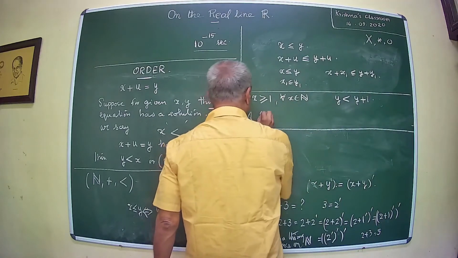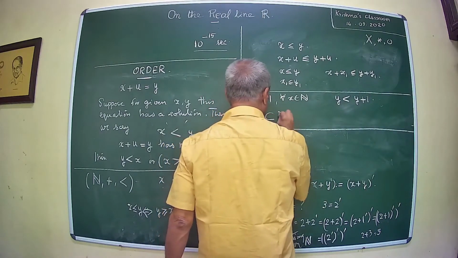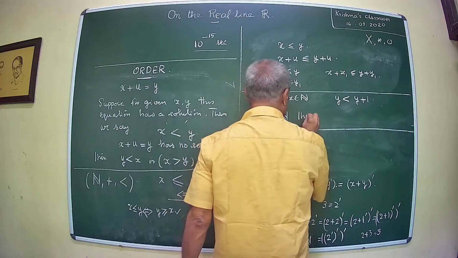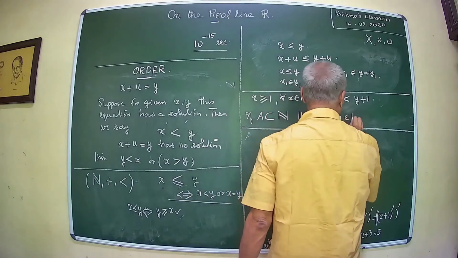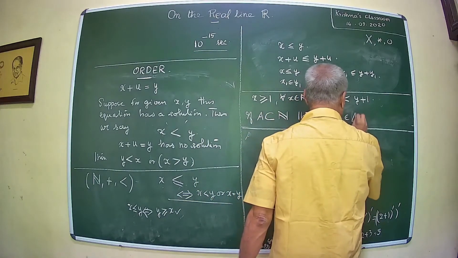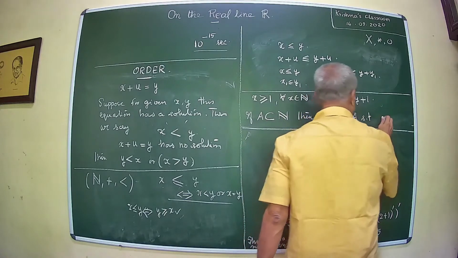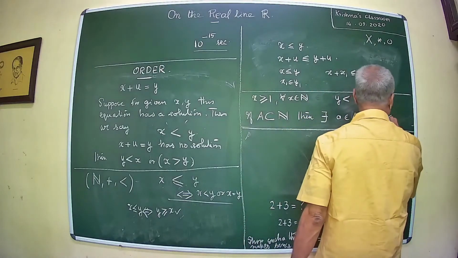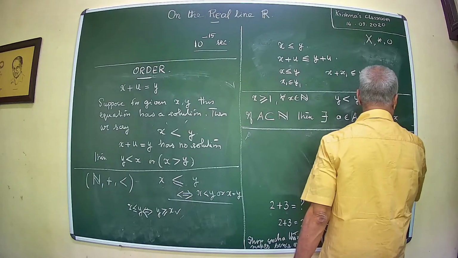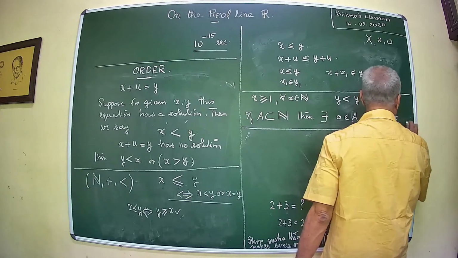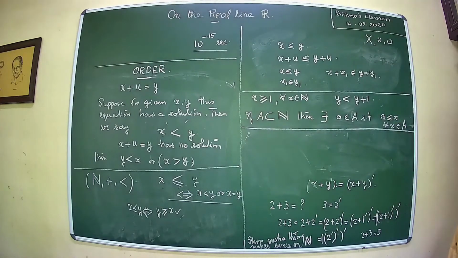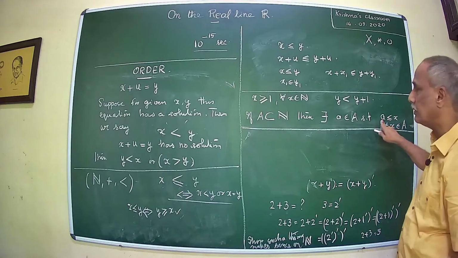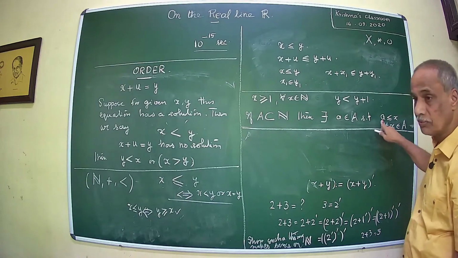If A is a subset of n, then there exists a belonging to A such that a is less than or equal to x for every x belonging to A. What does it say? It says that there is a least element in any subset of n.